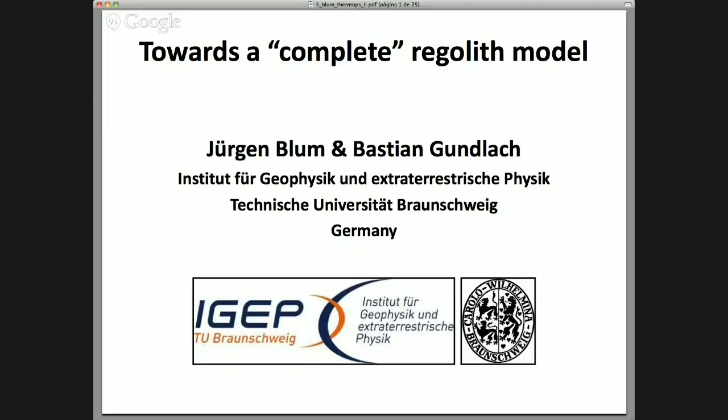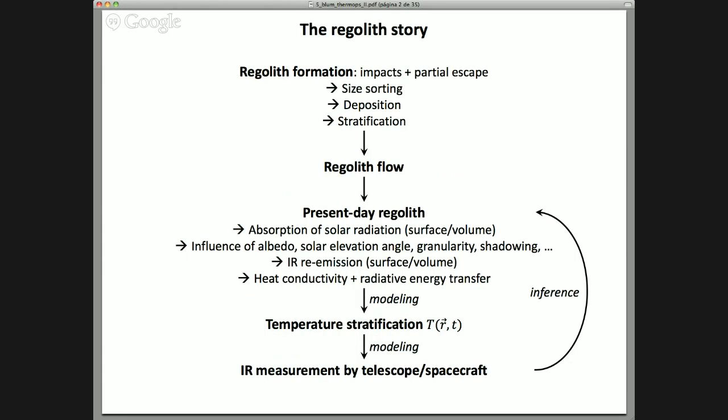We have regolith formation, and we've just been talking about it in the last talks, but also impacts and impact gardening. After the impact, part of the regolith produced, little fast particles, may leave the body being impacted. The rest falls back, which can lead to size sorting. The deposition is interesting.